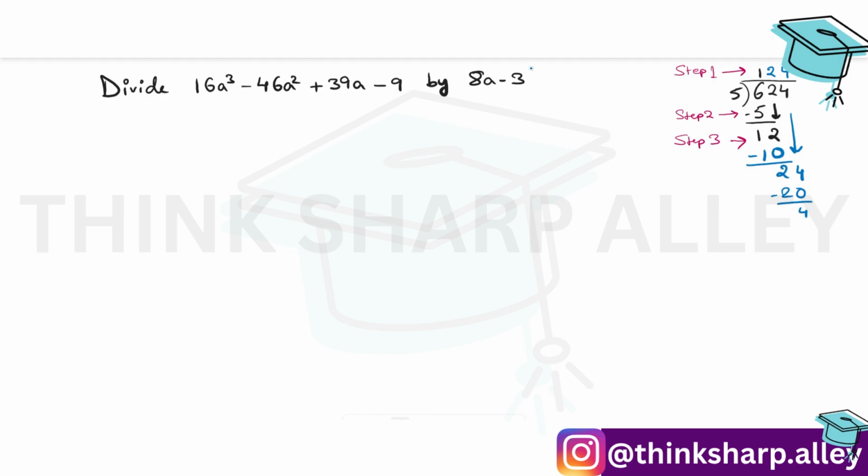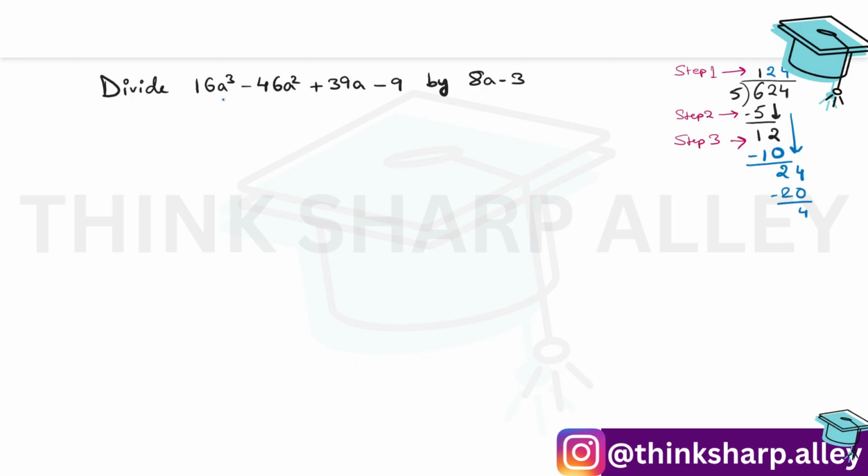We do not have any tables for polynomials. So how do we decide the quotient? Let's check out. To begin with, you need to remember the first rule. The dividend as well as the divisor must be arranged in either ascending or descending powers of the same variable.